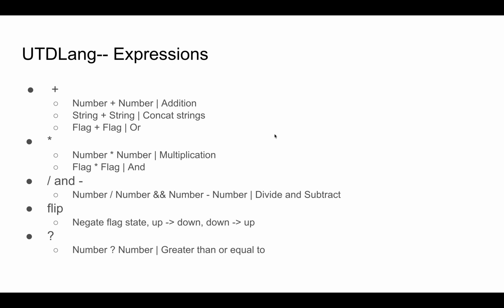Addition can be done between two numbers, strings, or flags, and multiplication can be done between numbers and flags. Divide and subtract can only be done between two numbers, and flip flips the value of the flag, so up turns to down and down to up.